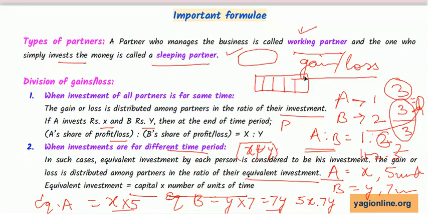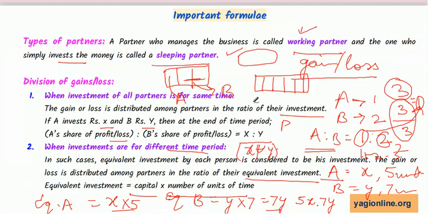Here in our example we have 1 plus 2 becomes 3. So the complete profit will be divided in 3 equal parts, because A invested 1 part, we'll give this 1 part to A. B invested in the ratio of 2, so the remaining 2 parts of the profit will go to B. So this is the simple formula which is used in partnership.